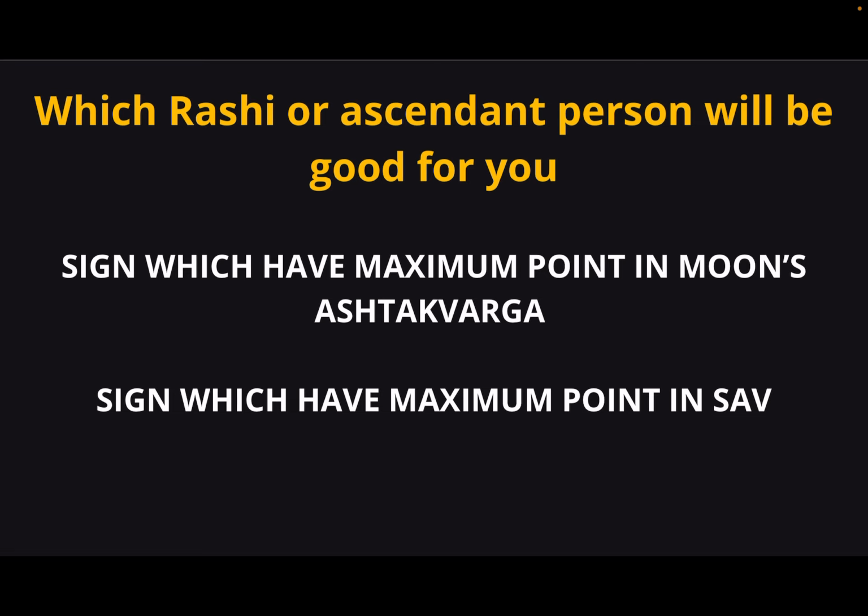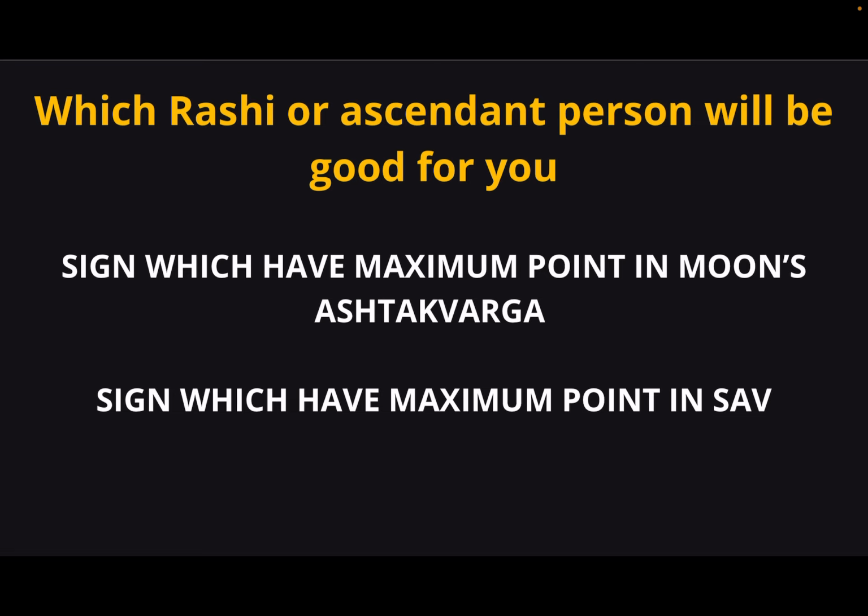The sign which has the maximum points in the moon's Ashtakvarga, if it becomes the ascendant of your spouse or partner, or the moon sign, that will give you solace of your heart. So you will have a great emotional connect with that person. This person can be very lucky and can bring prosperity into your life as well after marriage.